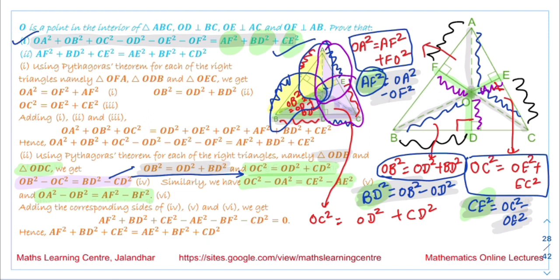So from the first one we are getting this relation, from the second we are getting this relation, and from the third we are getting this relation. Now if we add all these three equations, we will get the required answer in this form.